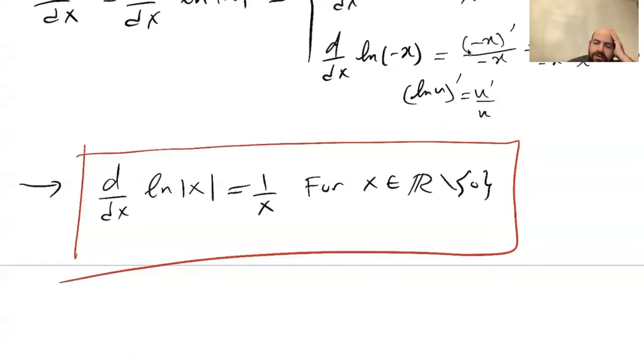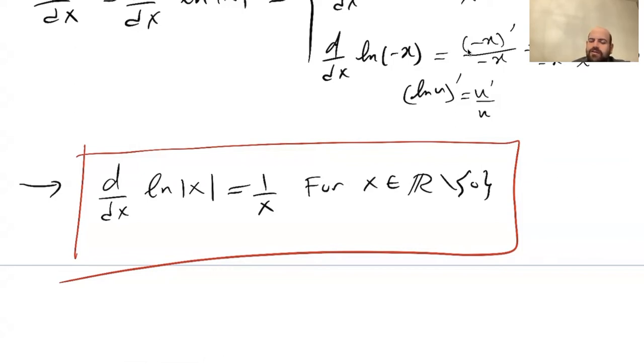In Math 114, when you learn about antiderivatives, you will see that the antiderivative of 1 over x is ln of the absolute value of x. Many students get confused at that point and ask, why absolute value of x? The reason comes from here. Of course, the derivative of ln x is 1 over x, and the derivative of ln of the absolute value of x is also 1 over x.